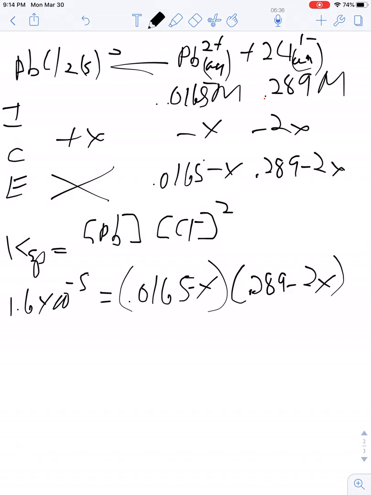and x is not going to be a small number, so we can't throw it out in these problems. We're going to have to work out a quadratic equation. So I'm going to have to distribute.